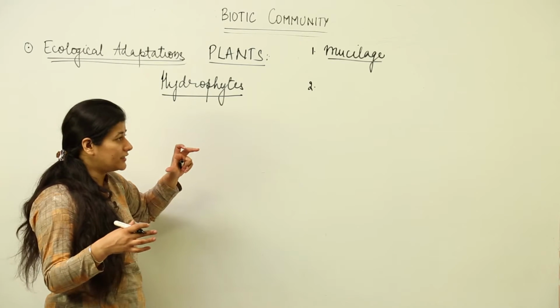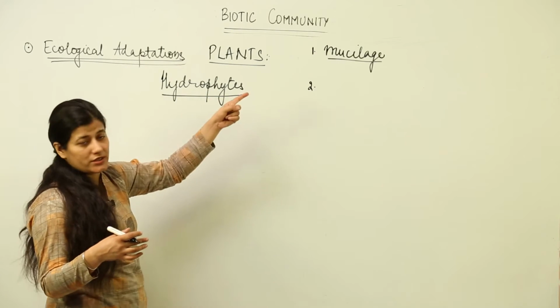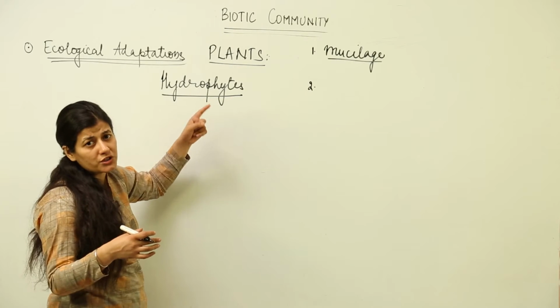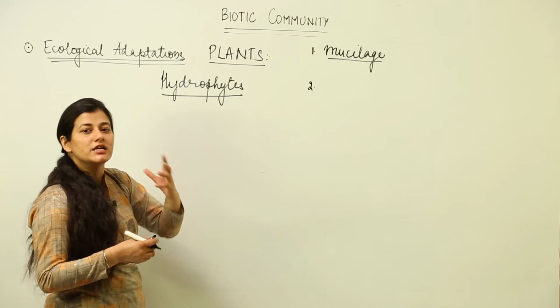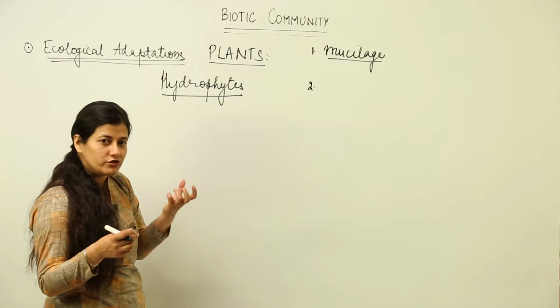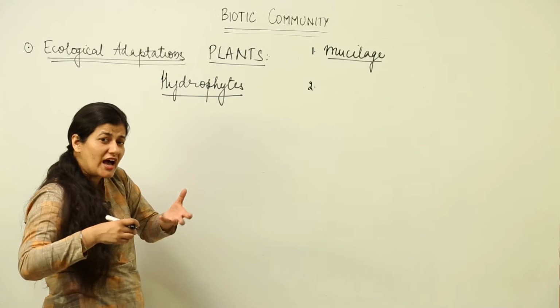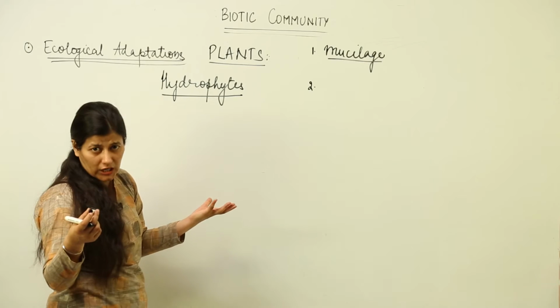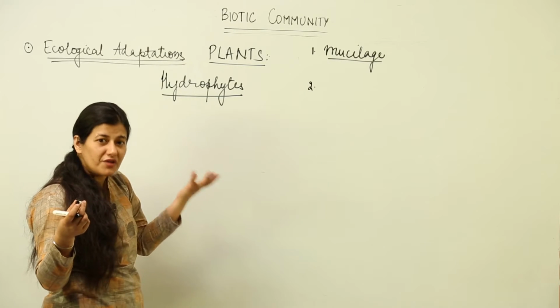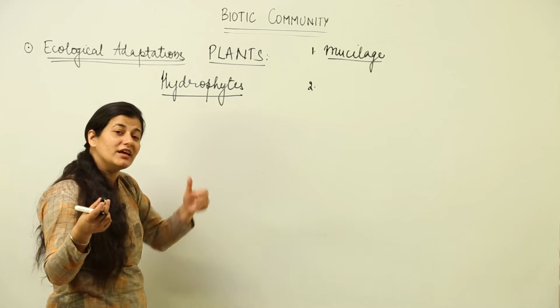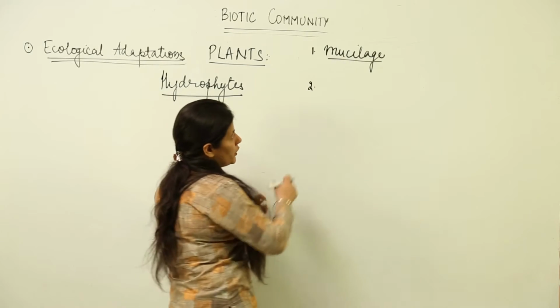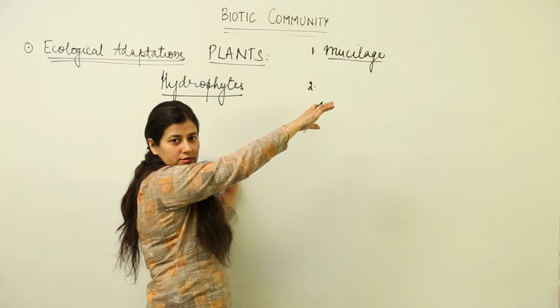So when I say that we are discussing mucilage on the plants which survive in water, don't consider that the plant would be entirely submerged in the water. There are certain cases, as in the case of Eichhornia, there are plants which have their upper parts exposed in the air, that means they are free floating, and there are certain examples like Hydrilla, they are completely submerged. So the first characteristic was mucilage.